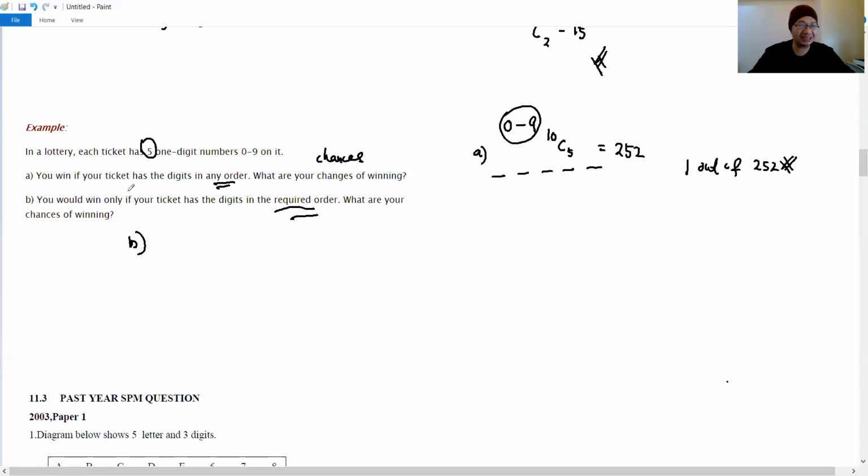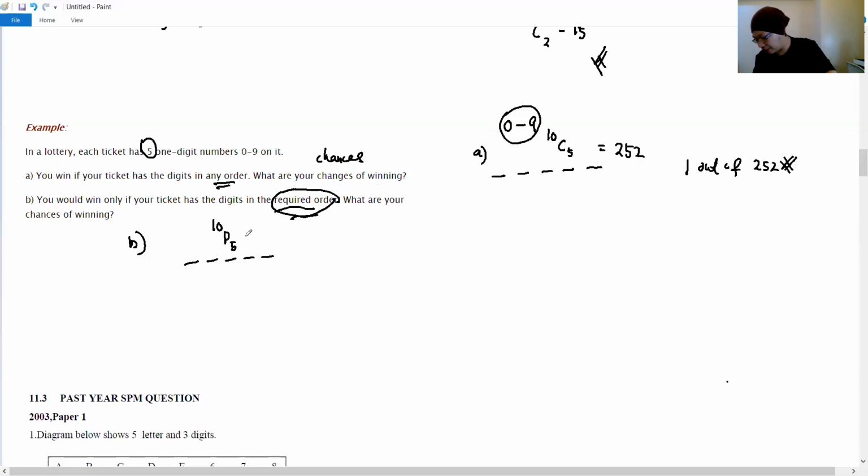Before the chances, we need to write down the 5 available places, and we have 10 digits. We need to arrange 5, because the arrangement is very important. Required order here, that's why 10P5.